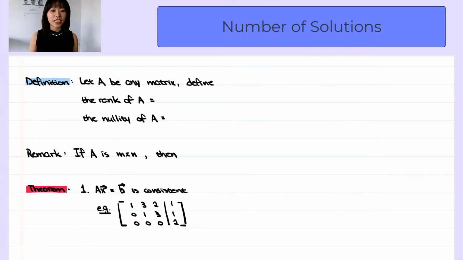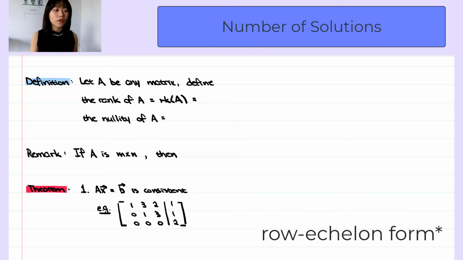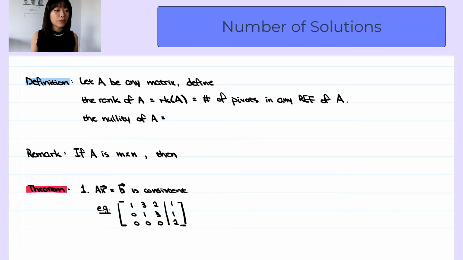Now let's look at some definitions. Let A be any matrix. Then the rank of A, which we can also denote as Rk of A, we define as the number of pivots in any reduced echelon form of A. And we define the nullity of A as the number of columns of A minus the number of pivots.